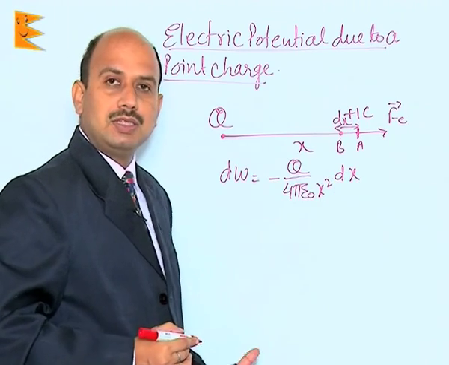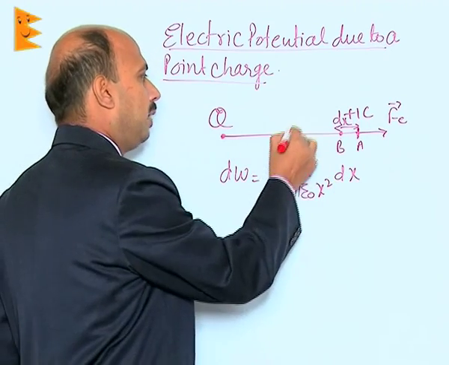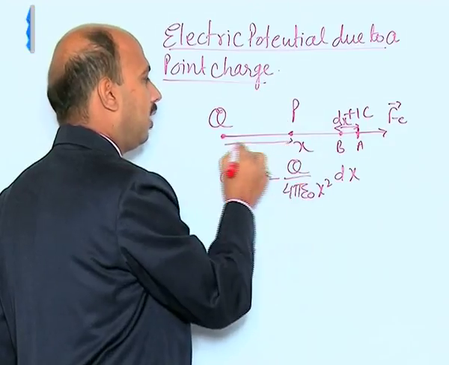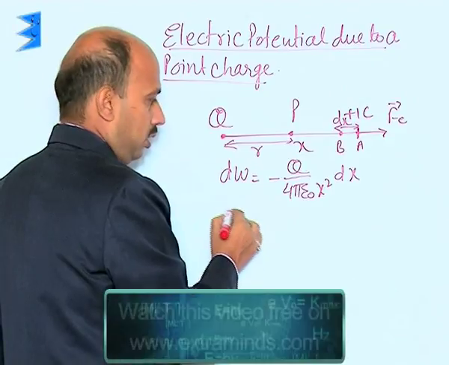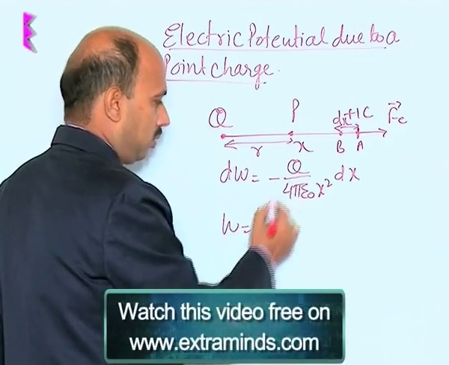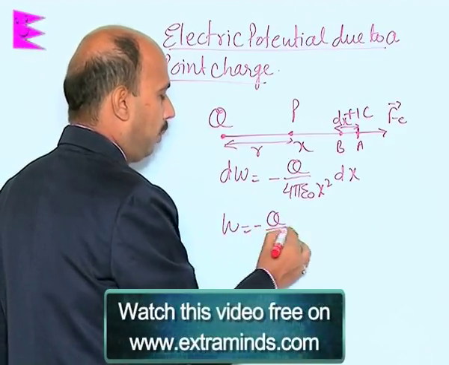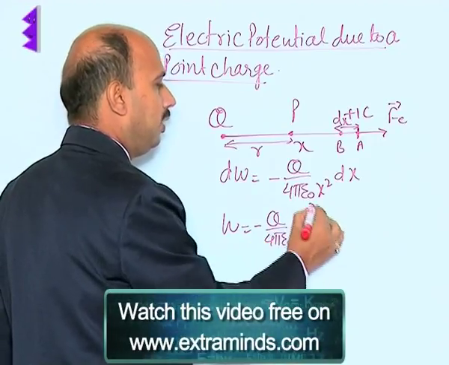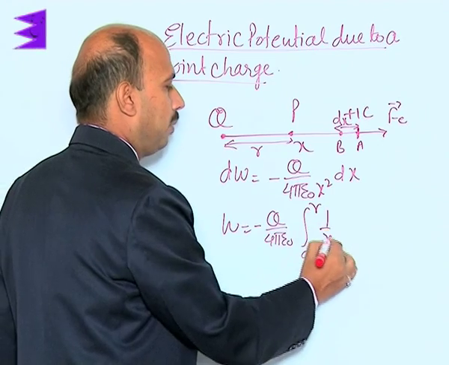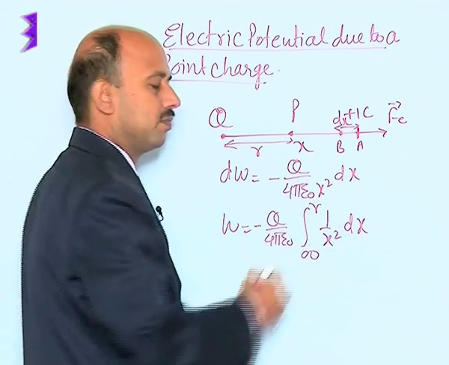Now, if you are bringing the charge from infinity to any point P at a distance r, we can write W = minus Q upon 4 pi epsilon naught, integral from infinity to r of 1 upon x square dx.